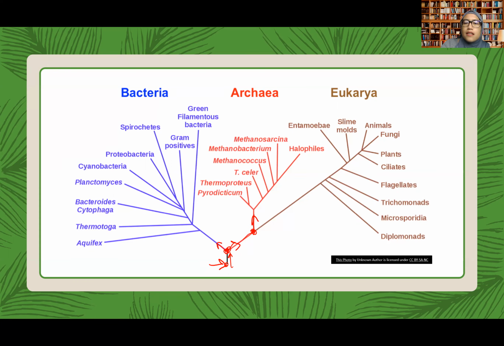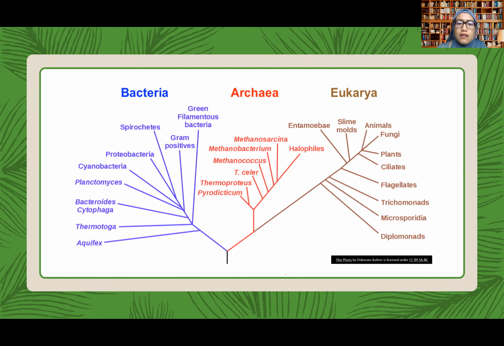Some become archaea, and some become eukaryotic cells. Then it specialized, speciation happens, and they become other species and life. So when you look at a phylogenetic tree, you don't just draw it any way you want, like that, like that. It doesn't happen that way, okay?